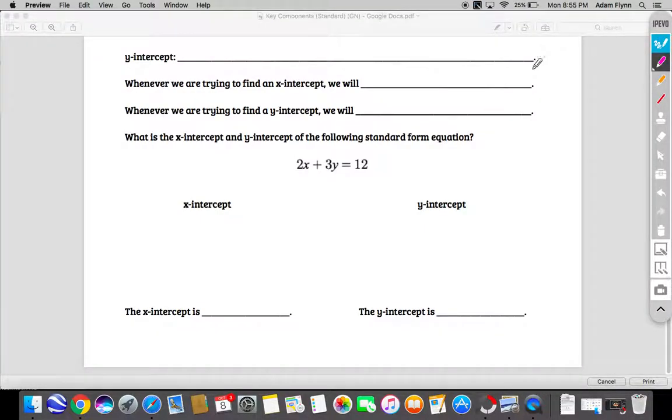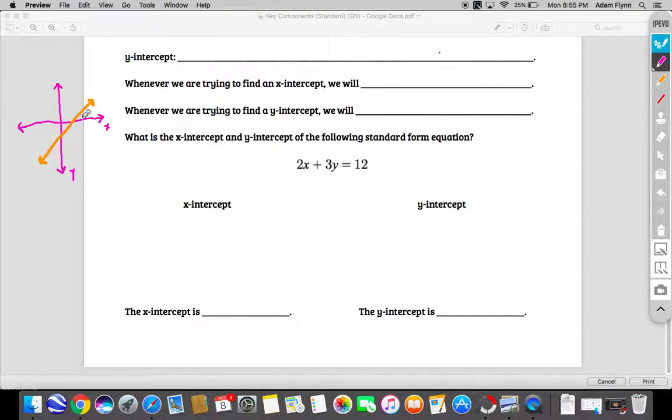So if we think about it, if we are trying to find an x-intercept, or where our line will cross the x-axis, you don't have to write this, but if I draw just a little coordinate plane, not the straightest line in the world, so I've got my x-axis here, I've got my y-axis here, and I have some line that looks like this.